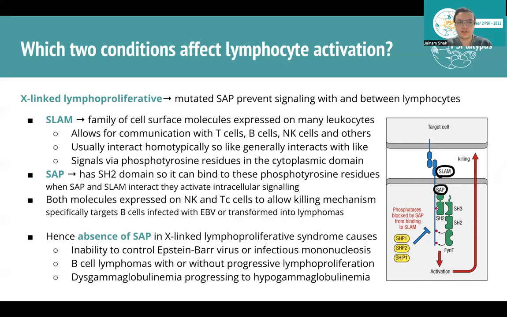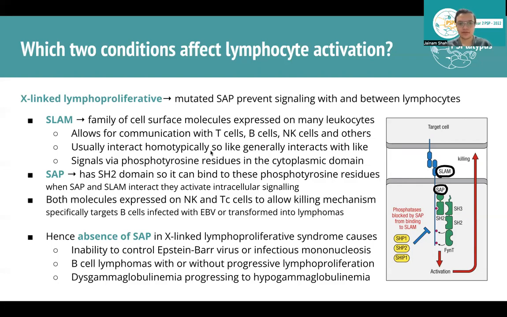So really fun mnemonics, but SLAM is a family of cell surface molecules expressed on many leukocytes, and they're essentially allowing for communication between all the cells that are going to eventually destroy the pathogen. The T cells, B cells, NK cells, and a lot of other stuff. It interacts with SAP. So as you can see over here, SLAM and SAP interact with each other, which eventually leads to downwards activation and then killing of the target cell, whatever it is.